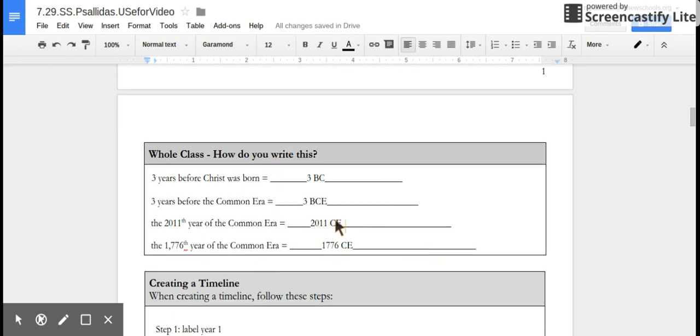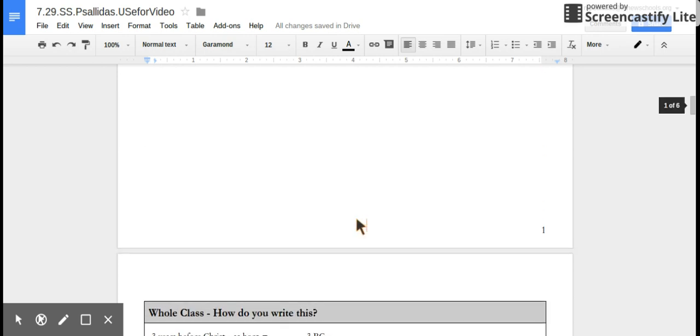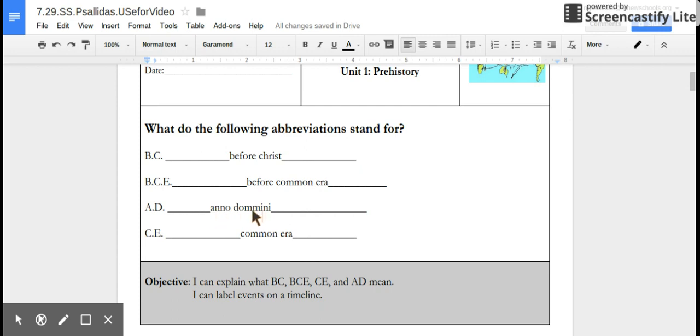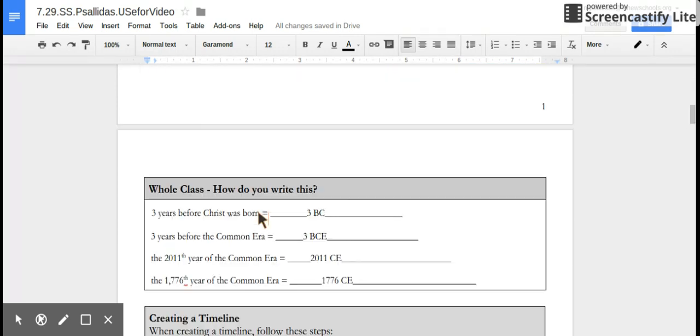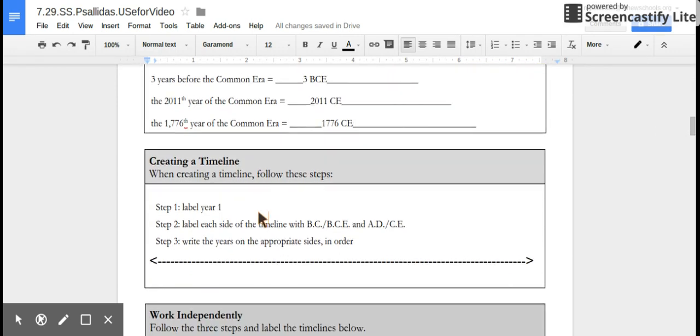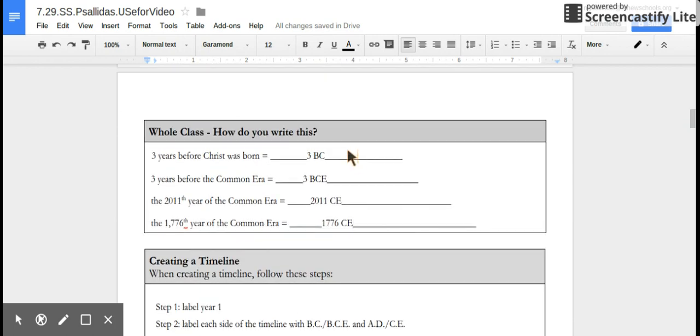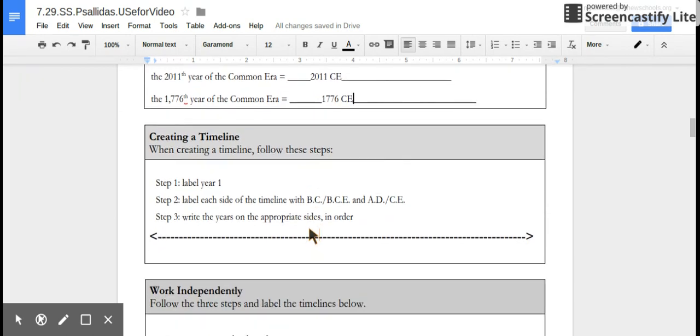So this is the same year as 2011 AD, but this is what people say who are not Christian, because AD says Anno Domini, which means Christ in Latin. A different language, but same idea. It talks about Christianity.